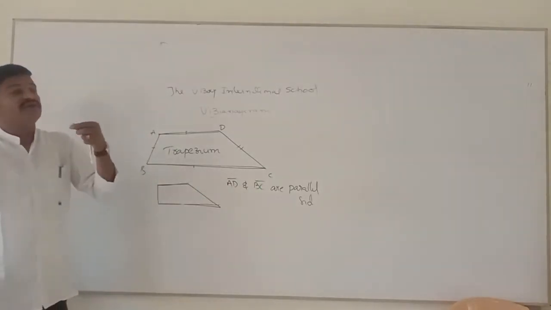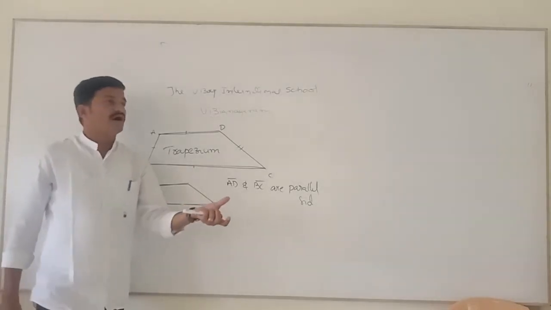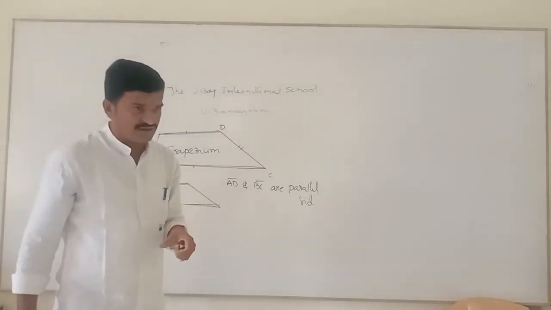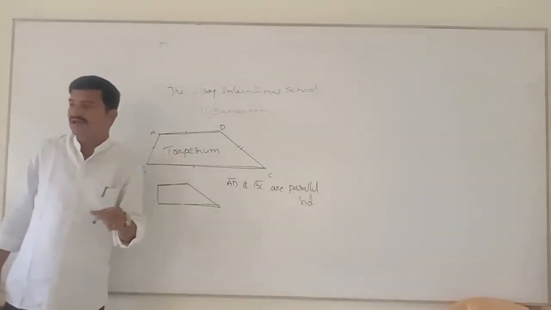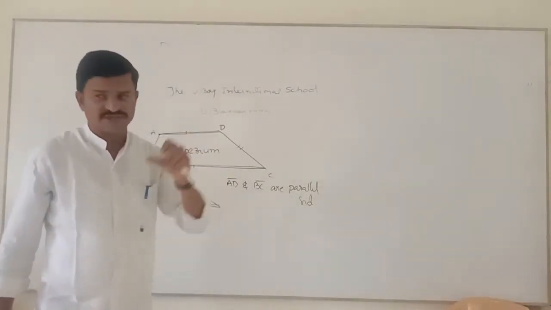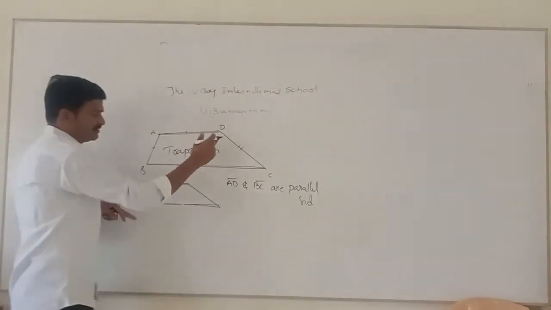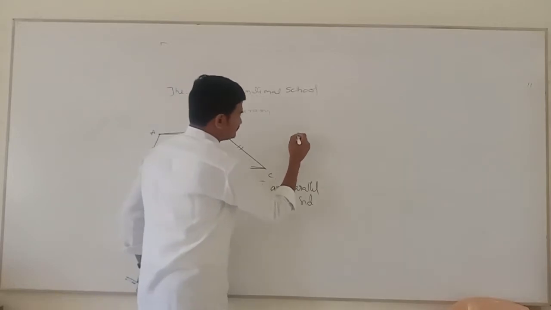If in any trapezium the non-parallel sides are equal, then it is called an isosceles trapezium. Non-parallel sides, this and this. See, here I am drawing one trapezium.